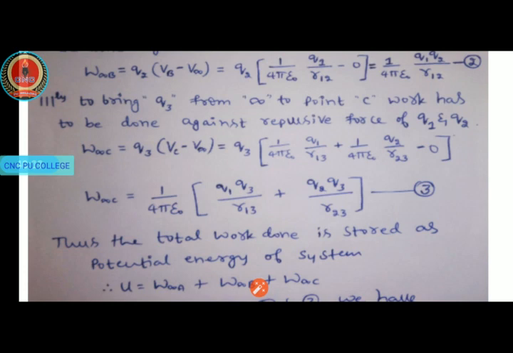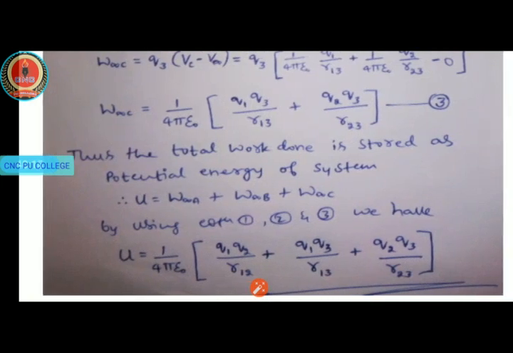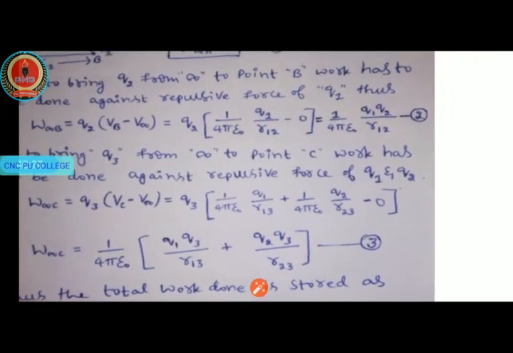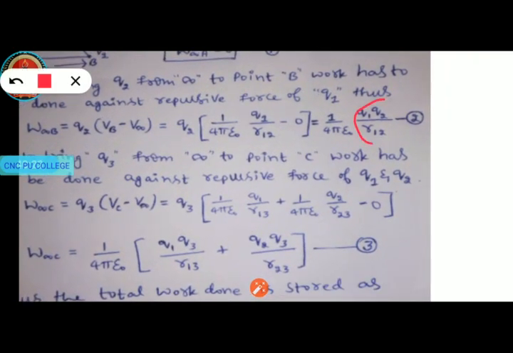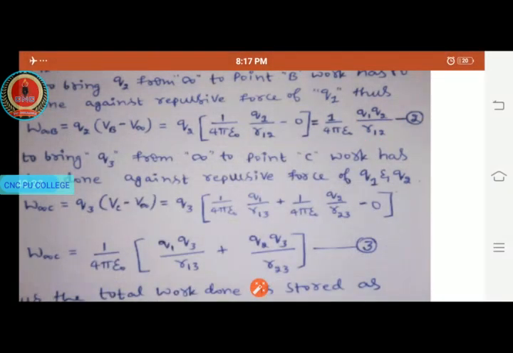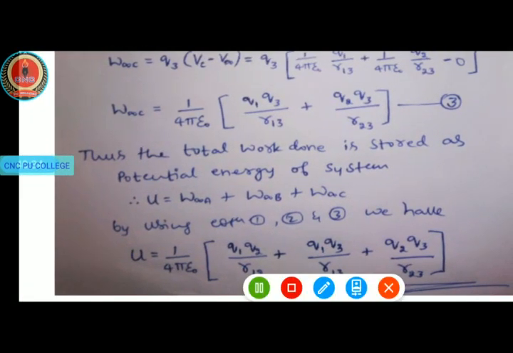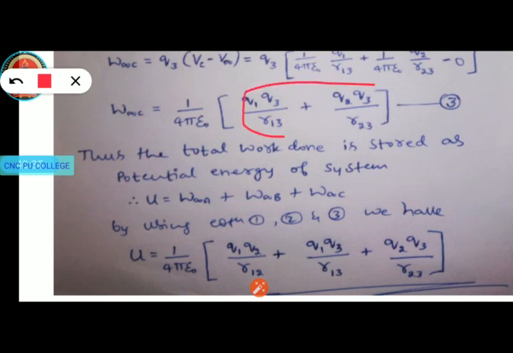So we can take 1 by 4 pi epsilon naught as common. So U is equal to 1 by 4 pi epsilon naught, which is common, and we are left with Q1 Q2 divided by R12, and here we are left with Q1 Q3 by R13 plus Q2 Q3 by R23.